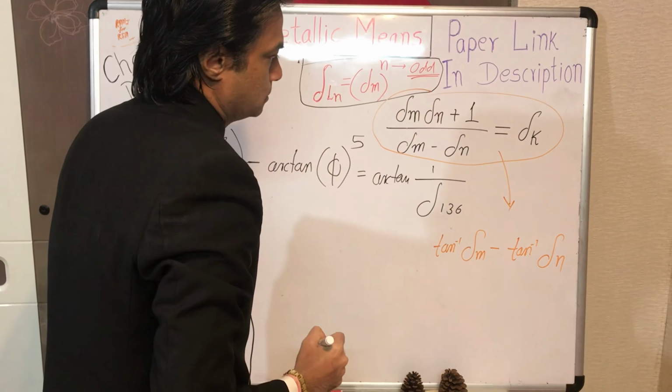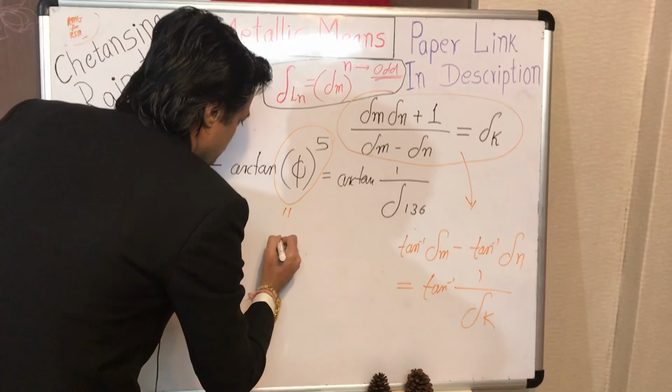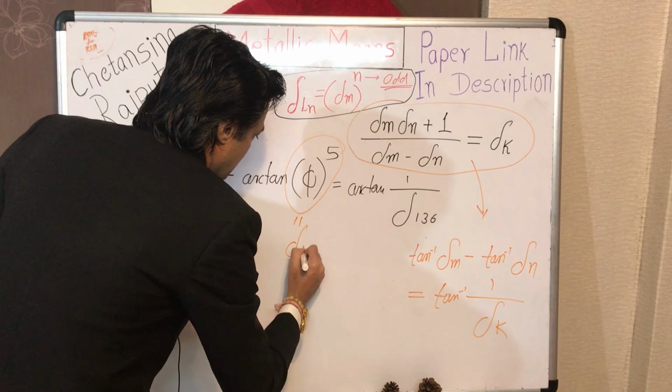Same thing. And that's why from this formula we can get such equations. Okay, and what is this? The 5th power of the golden ratio is nothing but the 11th metallic mean. We get this from this equation.